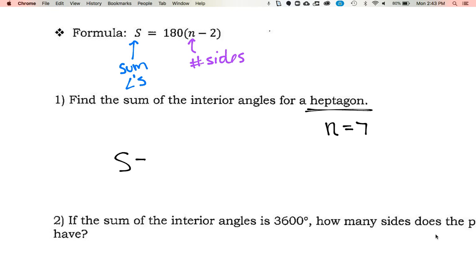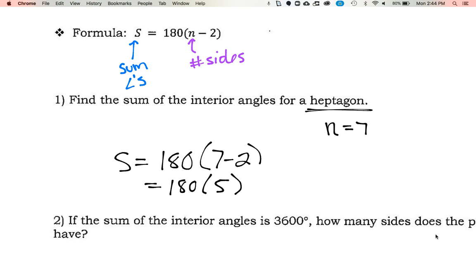So S equals 180 times 7 minus 2, which is 180 times 5. So S equals 900 degrees. Notice how it was disguised which information was given, but it was an n value that was given.